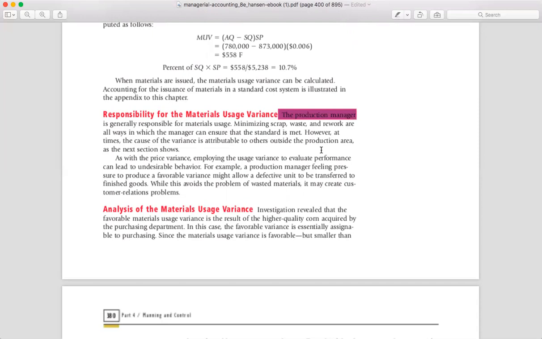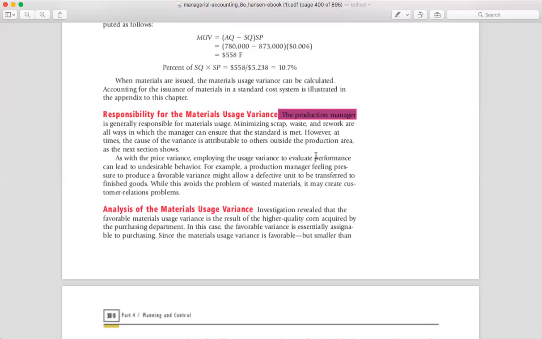While this avoids the problem, it will create a customer relations problem. I think we said earlier, if the standard is set too high, sometimes employees find difficulties achieving the standard, so they just try to ignore it.